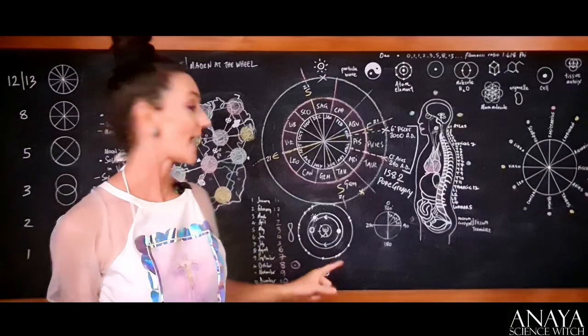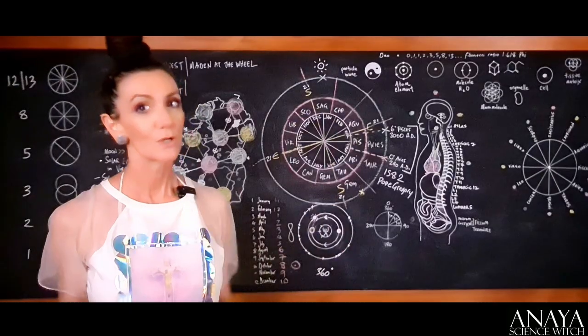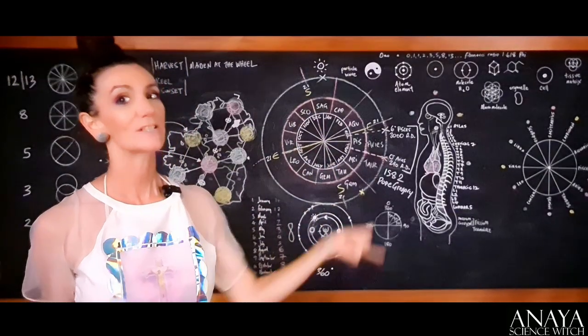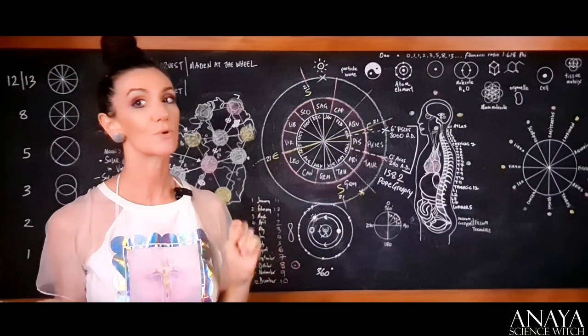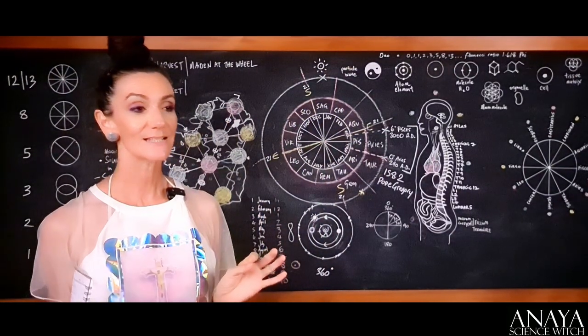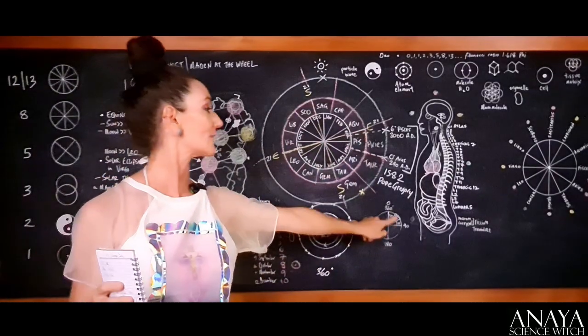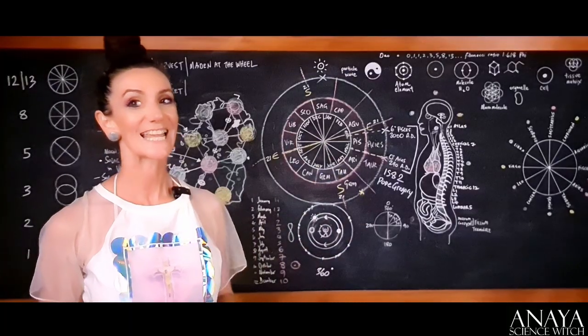Then the second circuit out, we've got the phases of the moon. So the moon in the geocentric model goes around the earth, and every time it goes around once, it takes a lunar month, which is 28.5-ish days. And how many times does it do that around a 360-degree circuit or a 365-day year?